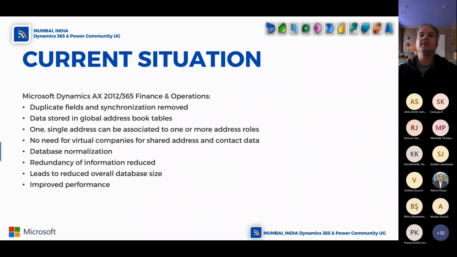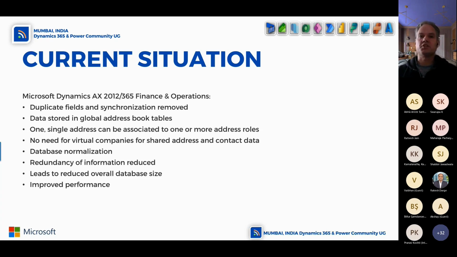It's all now in the global address book, with what I showed in the first slide, a location concept which would store the addresses and contact details all in one single table. And there will be only a reference to which address would be the primary address for each of the legal entities where the party can play a particular role, as a customer, for example.